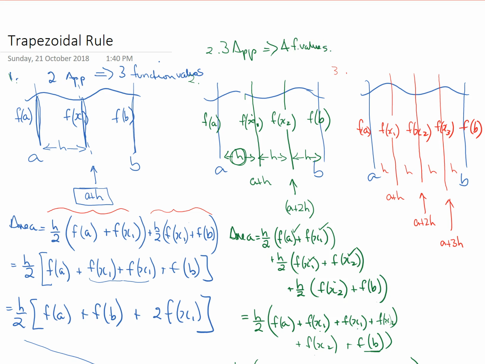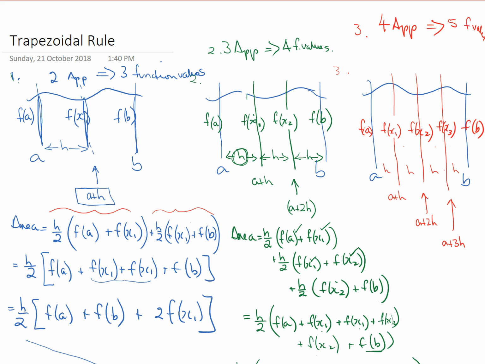And then in the third situation, we had 4 applications and 1, 2, 3, 4, 5 function values. So if you're asked for n applications, then you will need n plus 1 actual function values.